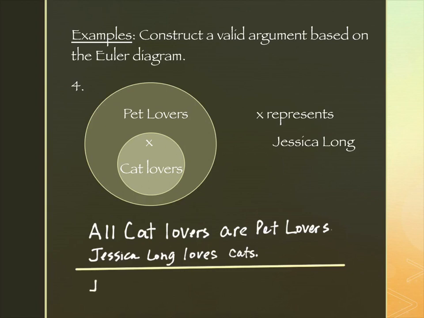Yes, Jessica Long is a pet lover, or loves pets, if you wish. Okay, so it's doing exactly what we did on the other problems, just reversed. Okay, any questions on that?